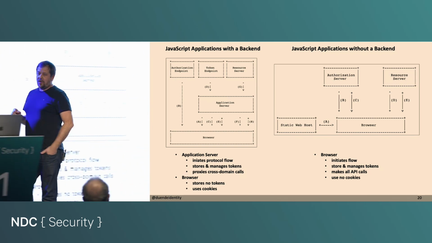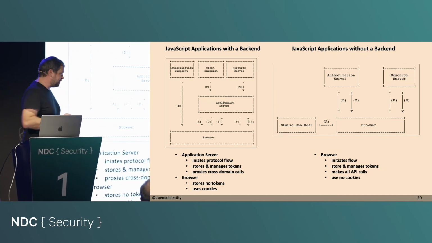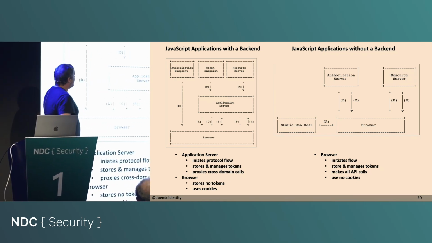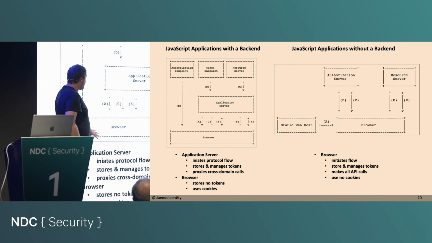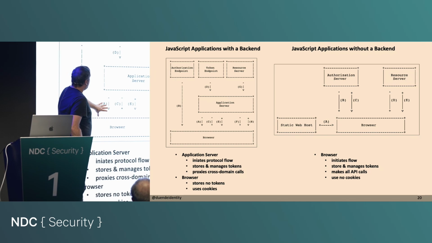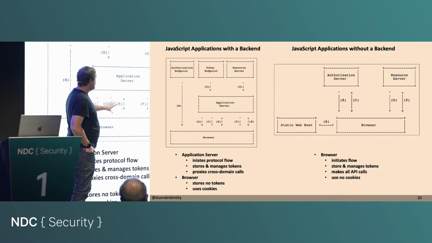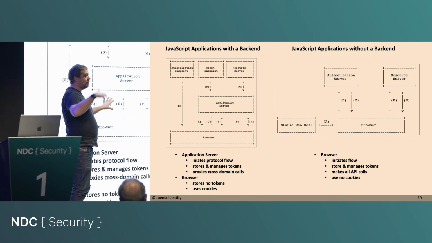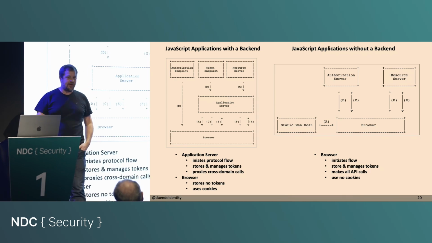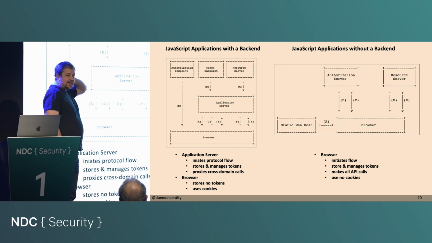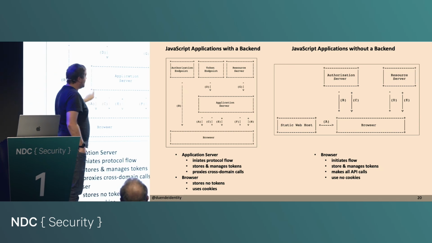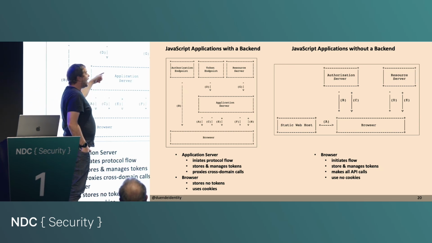So the more secure approach they are actually recommending is applications with a backend, meaning you have your browser-based application doing the UI, you have an application server that is doing all of the security stuff like OAuth flows, tokens, token storage, token management, and you have your backend resources that you access via, and that's the thing that throws many people off, via the application server.